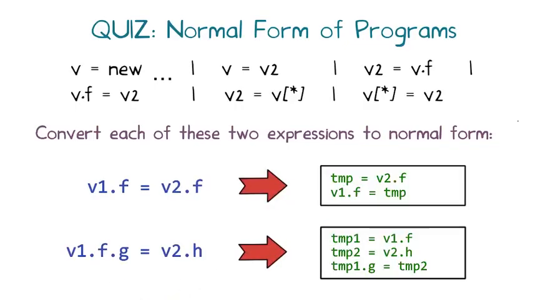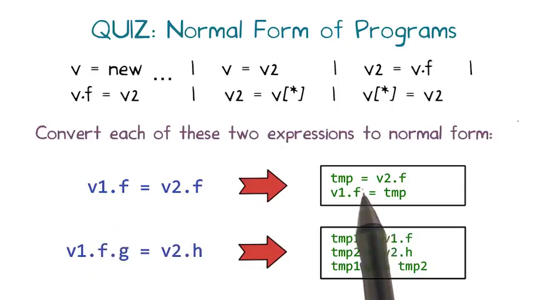Let's look at some example solutions. Your answers might not look exactly the same, but they should have the same patterns. For the first statement, v1.f is assigned v2.f. We first read the field f of v2, and then we write the contents of v2.f to the field f of v1.